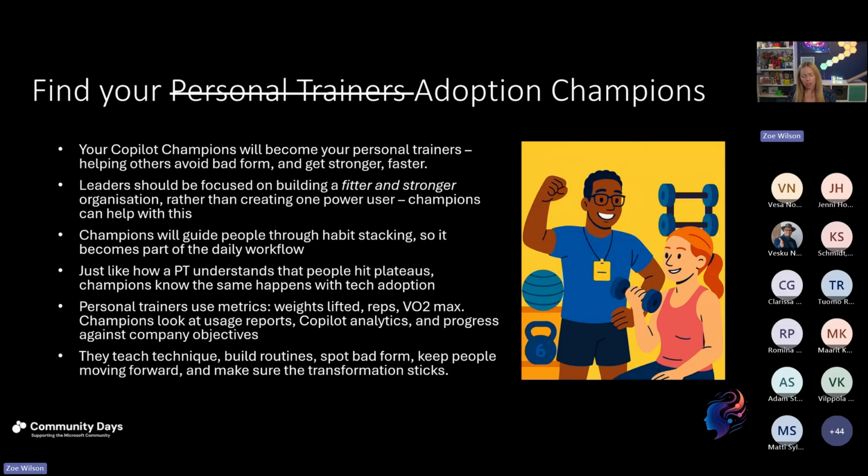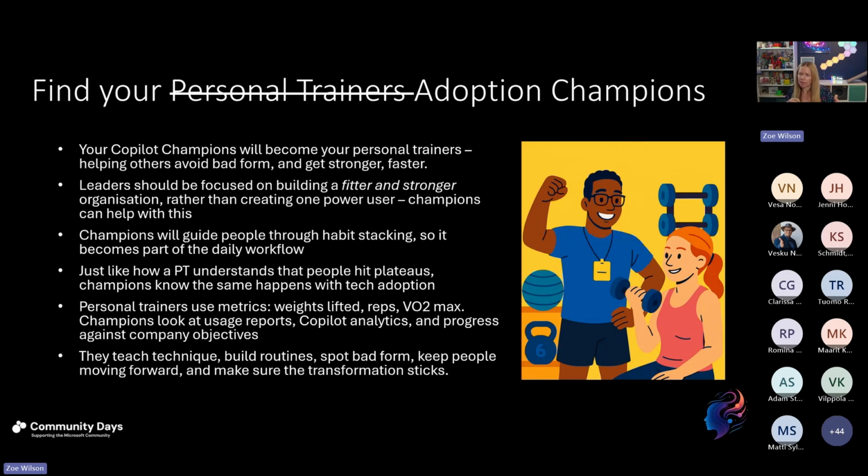And coming back to the point I made earlier about people needing to experiment and try things again and again, champions can help guide people through that process. They can help them with things like habit stacking and helping them understand how to use Copilot across different applications and different services.